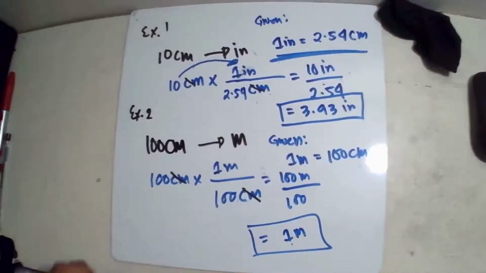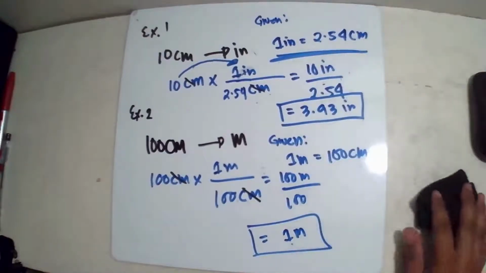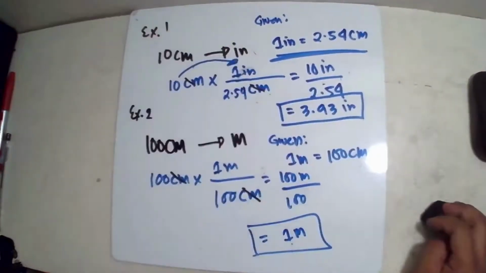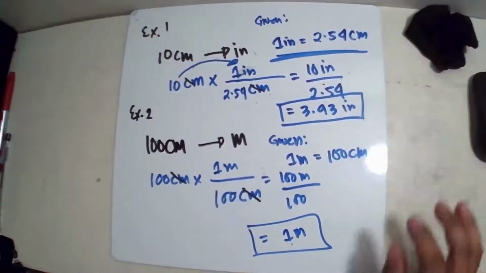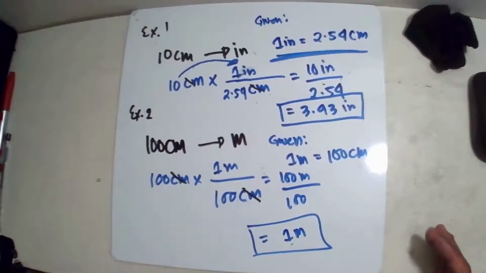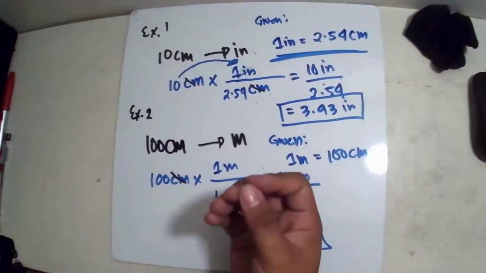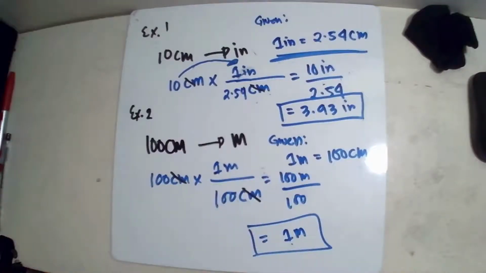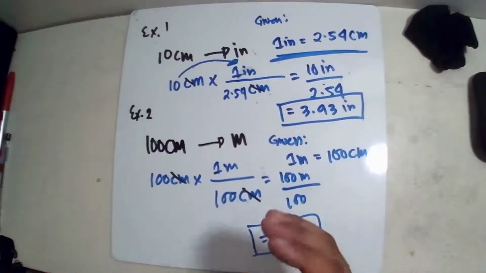Okay, so these are now the steps in doing conversion factors, and this is exactly what you need to do when converting one set of units to another. So I just want you to apply this one, or if you have some strategy or approach in converting units, you can use that, but provide me the solution.